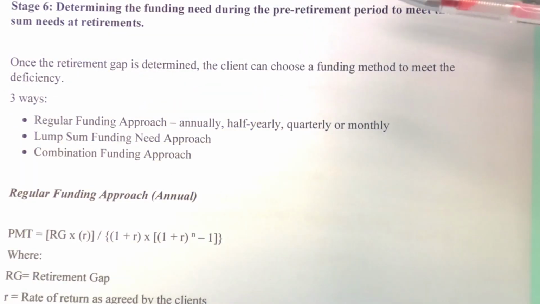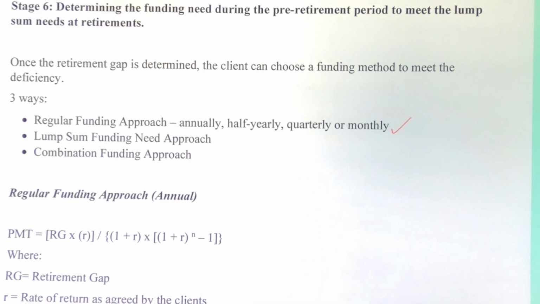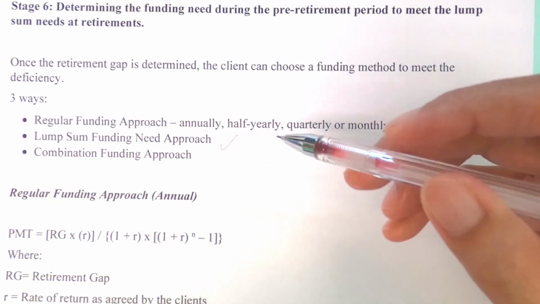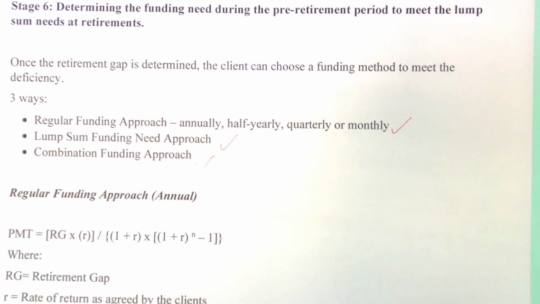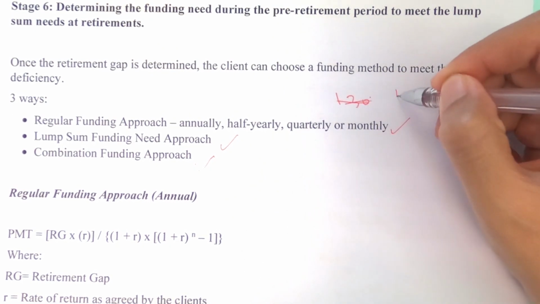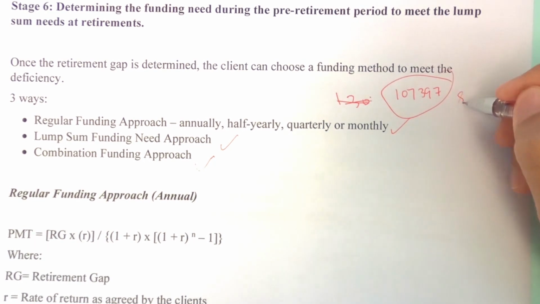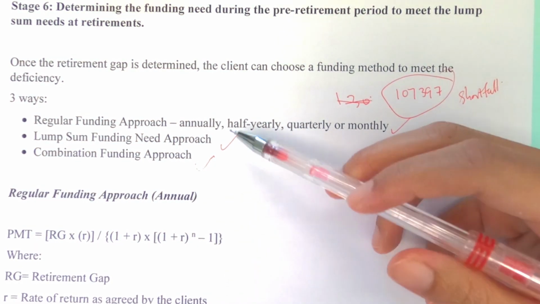Therefore, in order to cater for this shortfall, we can use 3 ways. It's either the regular funding approach, the lump sum funding approach, or the combination funding approach, which means we can solve for this 107,392 shortfall by using this method.